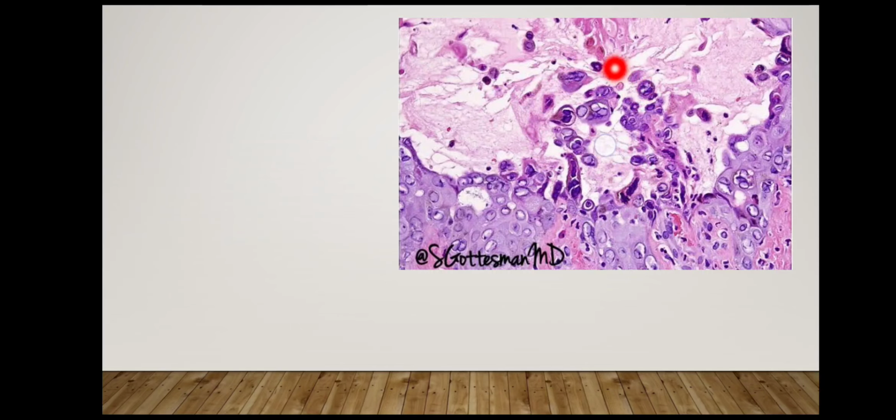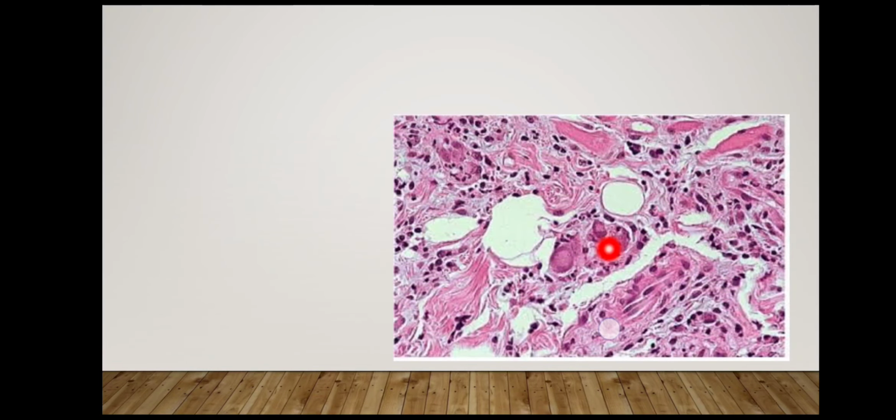All this multinucleation, multisegmentation and intranuclear inclusion points towards herpes simplex virus. So this is herpes stomatitis. This is again a case of viral stomatitis caused by cytomegalovirus, showing a prominent intranuclear inclusion.